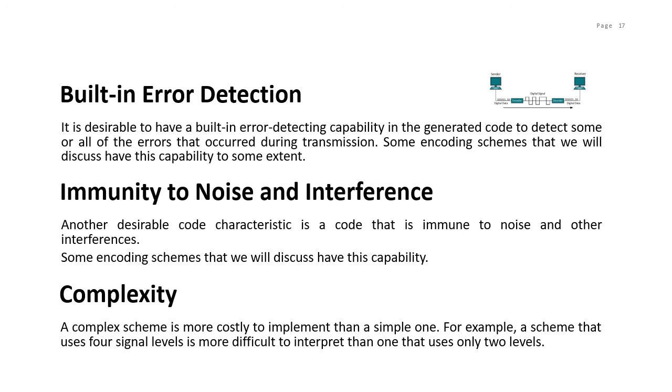Immunity to noise and interference is another desirable characteristic, a code that is immune to noise and other interference. Some of the encoding schemes that we will discuss have this capability. In terms of complexity, a complex scheme is definitely more costly to implement than a simpler one. For example, a scheme that uses 4 signal levels is more difficult to interpret than one that uses only 2 levels.